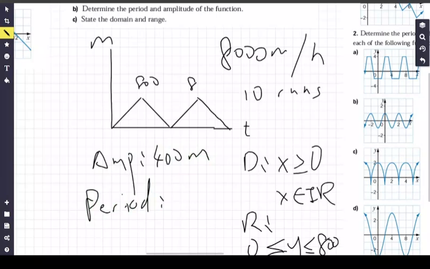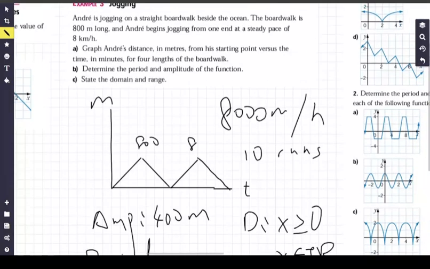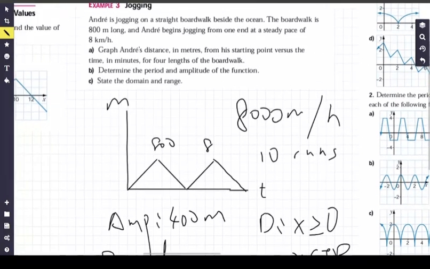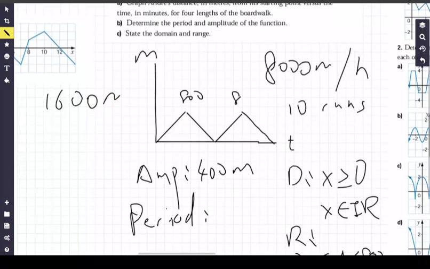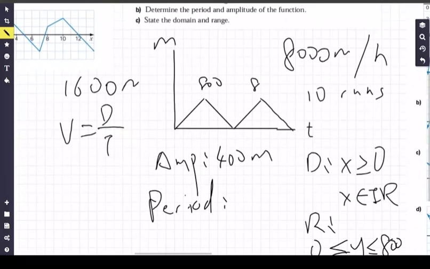And then our period is how long does it take for us to get there and get back, right? So 1600 meters. And remember, recall we had v equals d over t, velocity equals distance traveled divided by time, right? So we're trying to find this time. So t is equal to d over v.